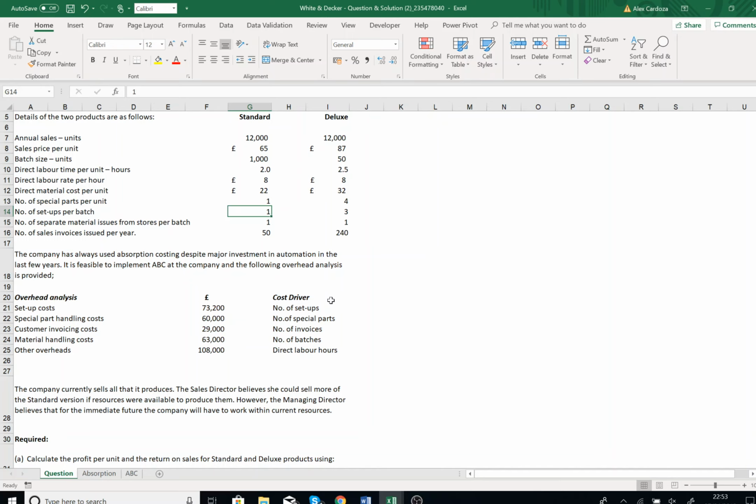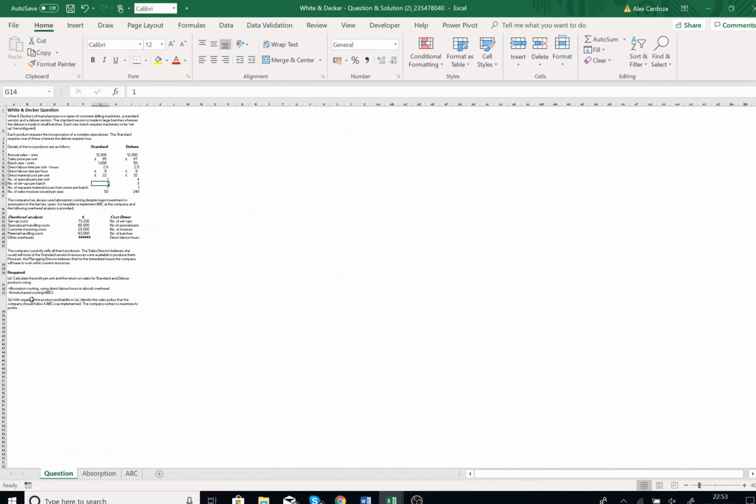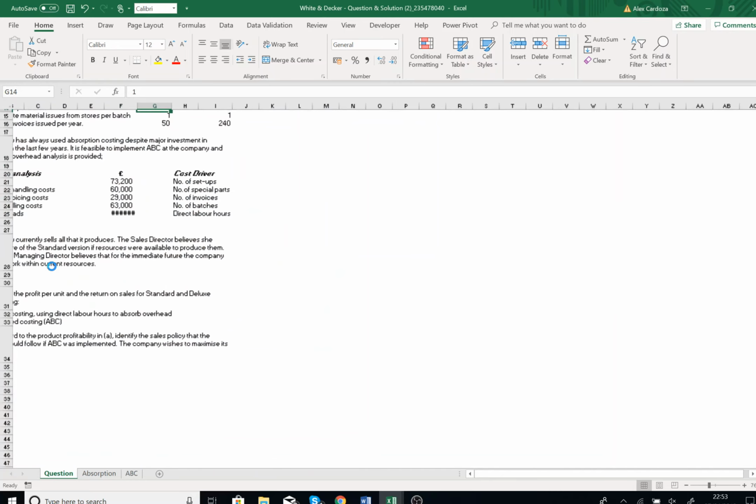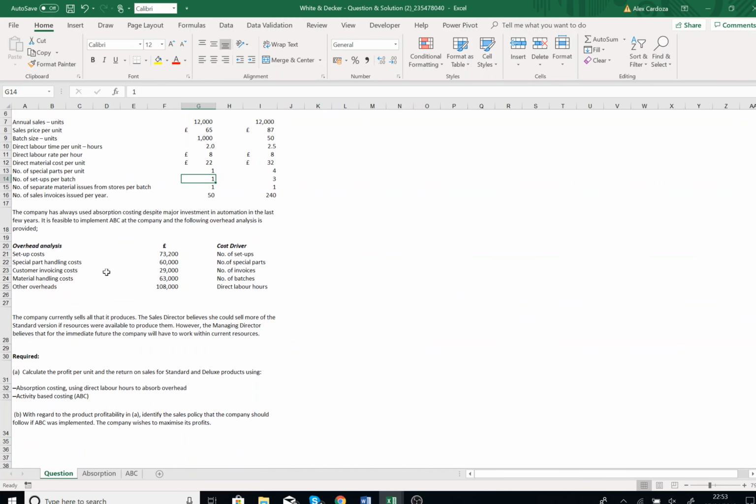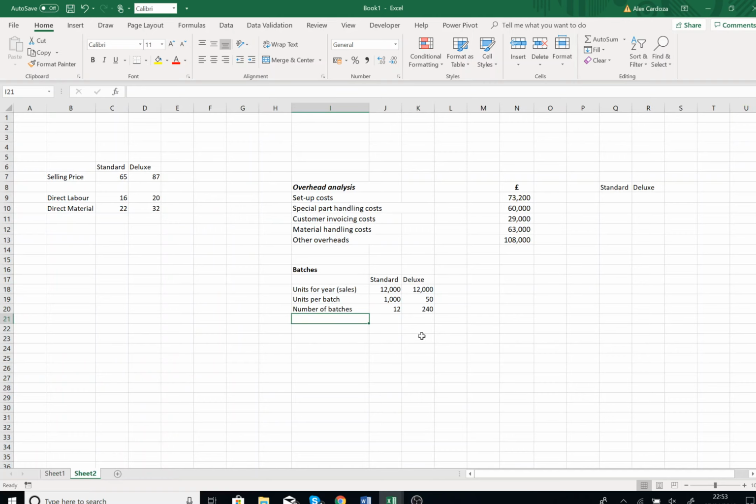Then you've got the number of setups per batch. What you're looking for here is the number of setups. So setups per batch is 1 and 3.